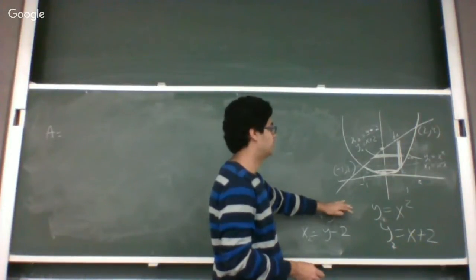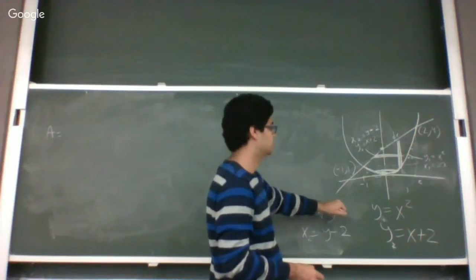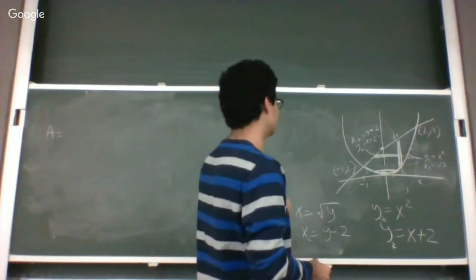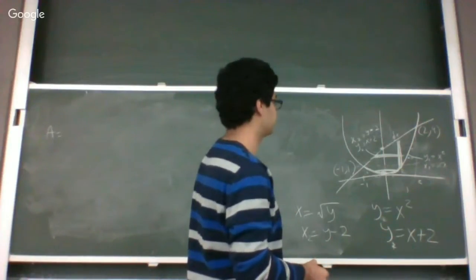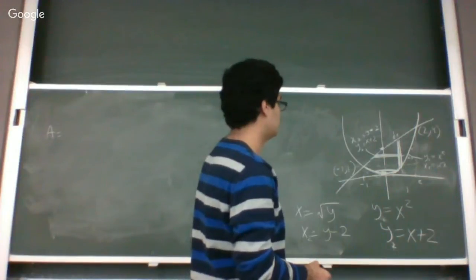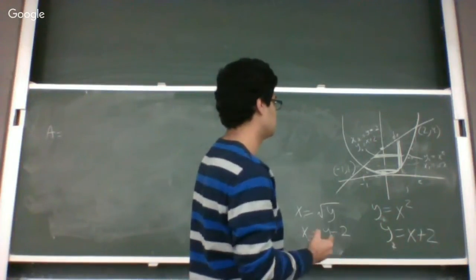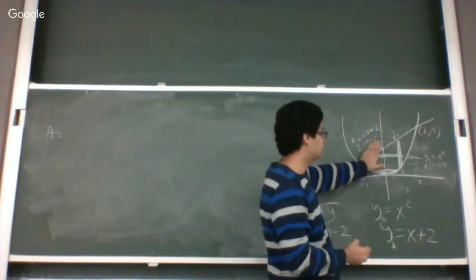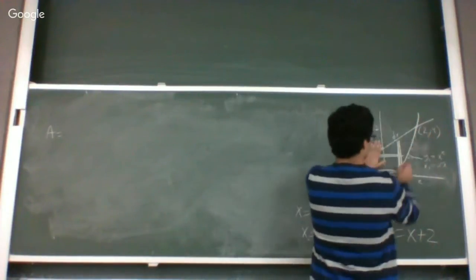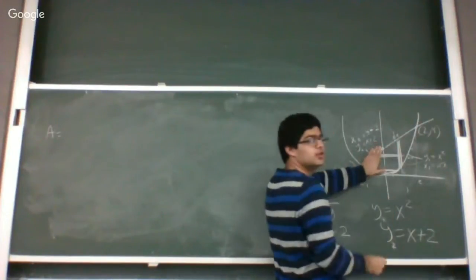Let me see if I can show it like I did with the other guy. If you were just looking at this side, all the area of the right would include everything.